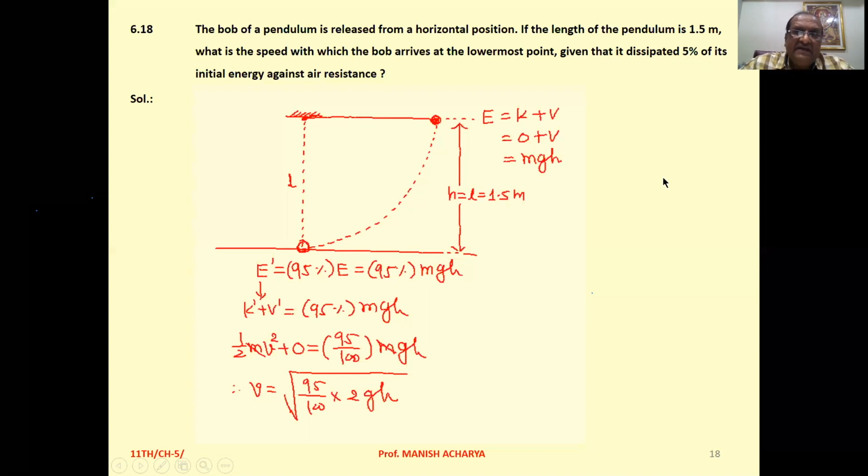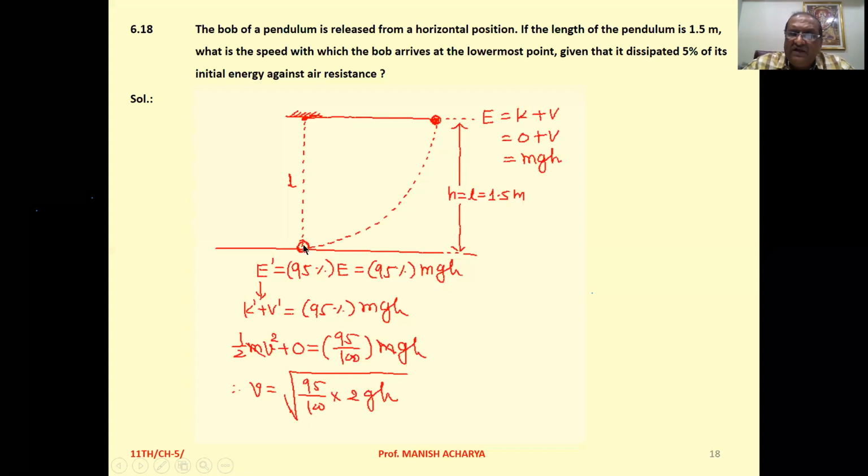It implies that when it reaches the lowermost position, it has 95% of initial energy. 5% is lost, so how much is left? 95%. So when this one reaches the lowermost position, its total energy is 95% of initial energy, so that is 95% of mgh.